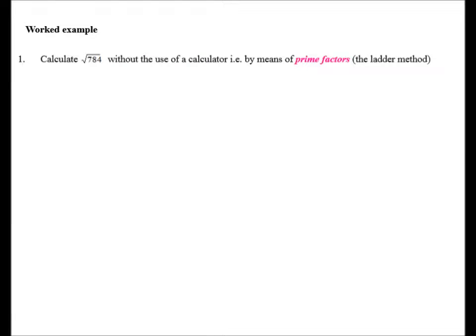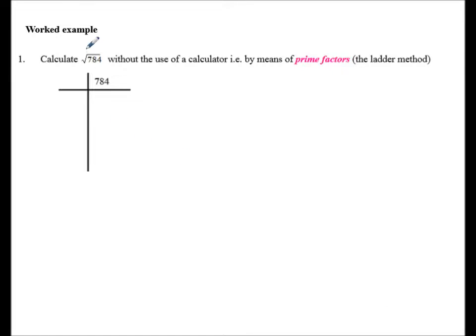Let's look at the worked example. We are now going to use the skills from the previous chapter, where we prime factorize numbers in order to find the cube root or the square root of any number that is a square or a cube number.